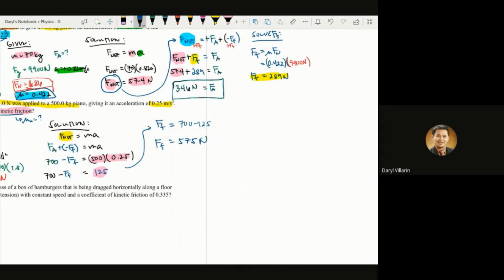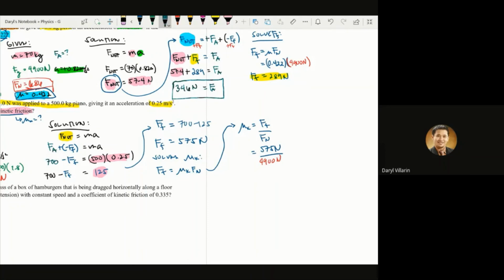But remember, we're solving for mu k. We know that Ff is mu k times Fn, so mu k is just equivalent to Ff over Fn. I have the magnitude of the force of friction divided by the normal force, which is 4,900 newtons.